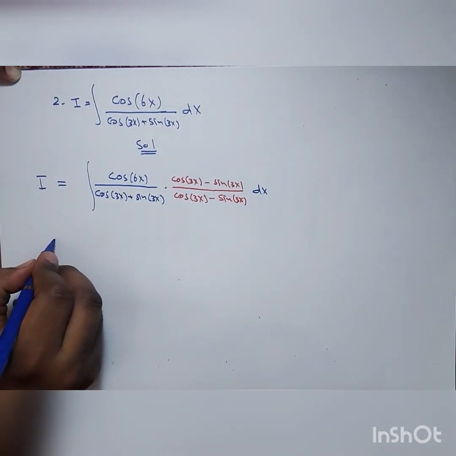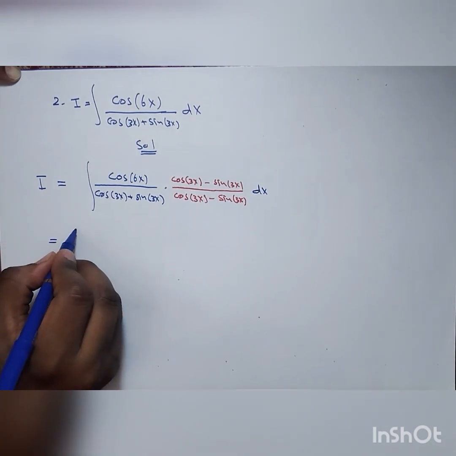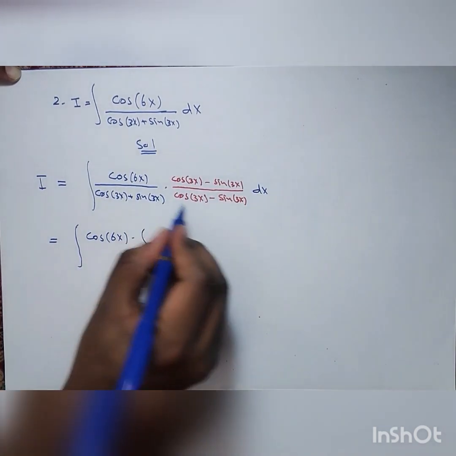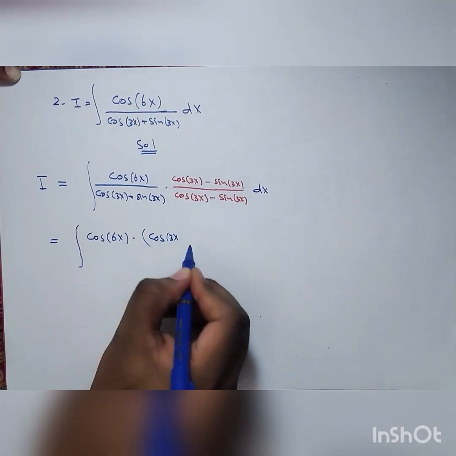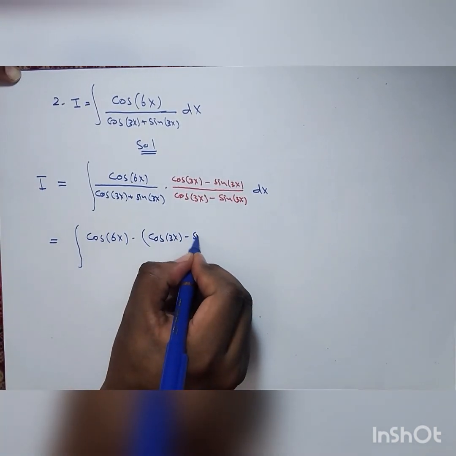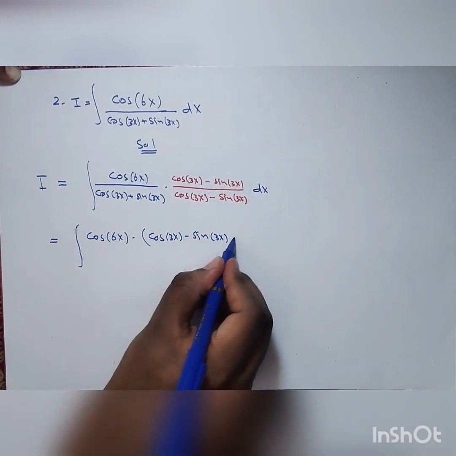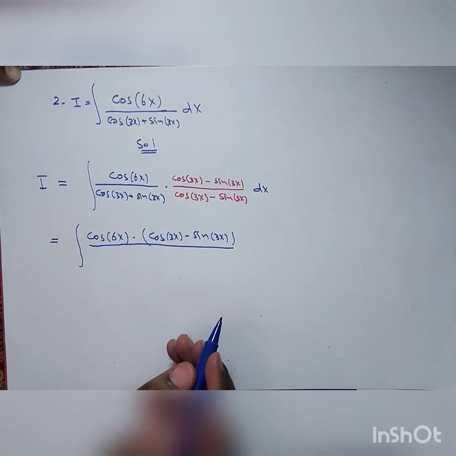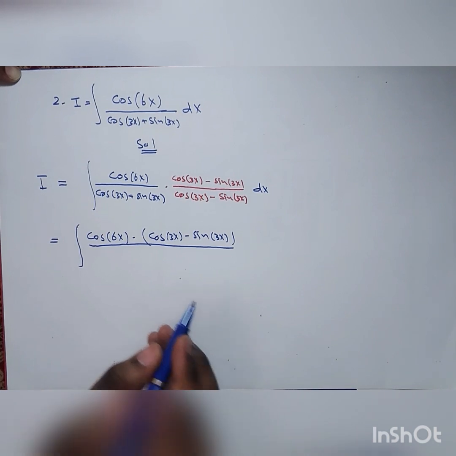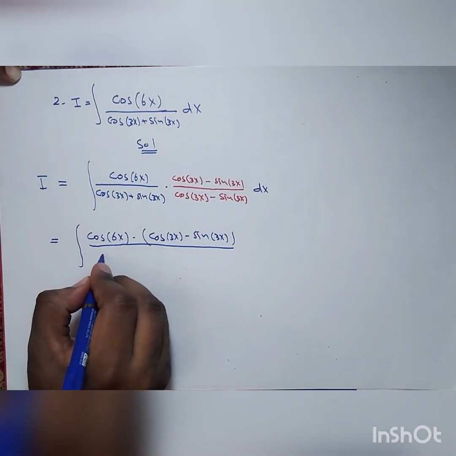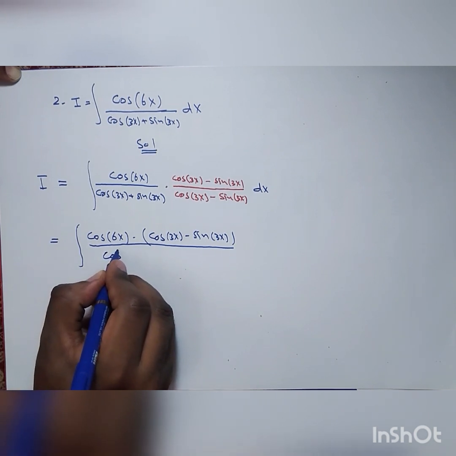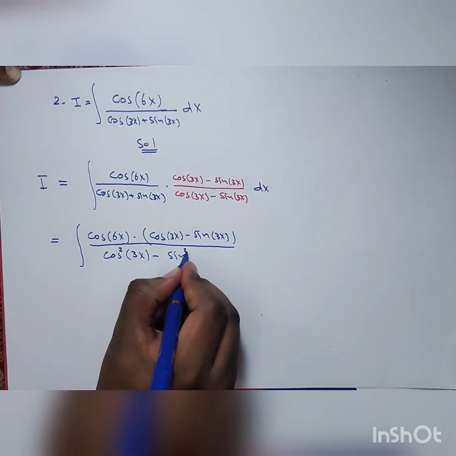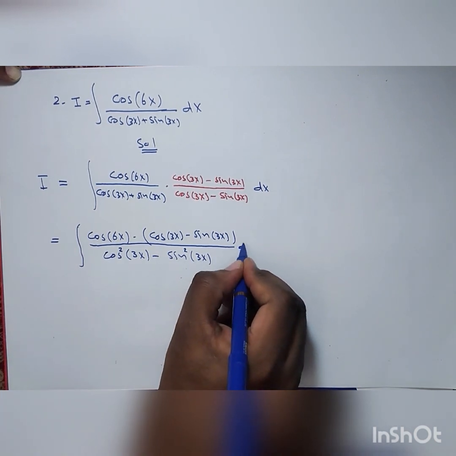If we multiply, we get the following integral: cosine 6x times cosine 3x minus sine 3x, divided by the denominator, which is a difference of squares, cosine squared 3x minus sine squared 3x, times dx.